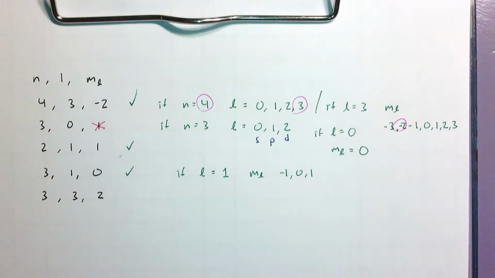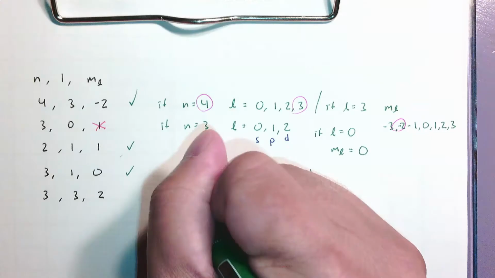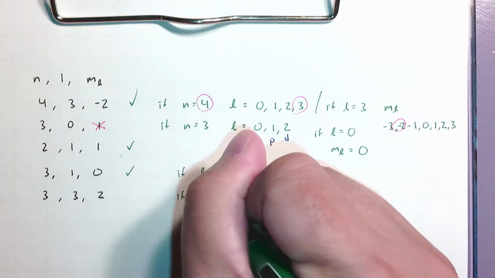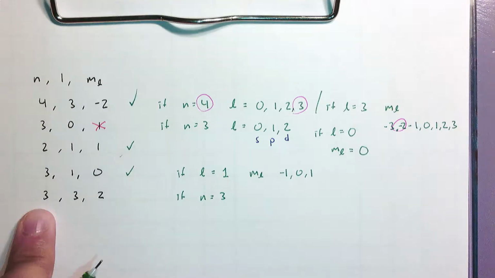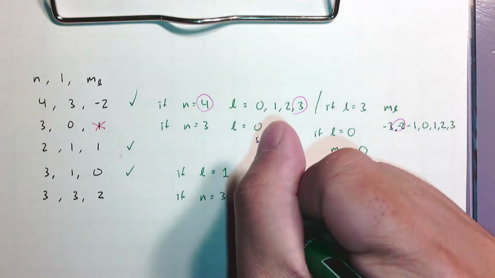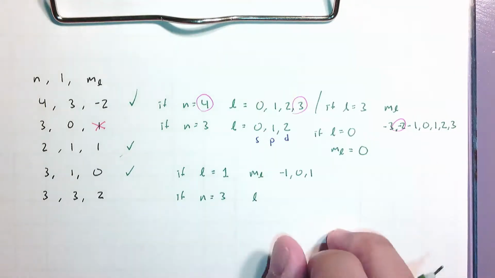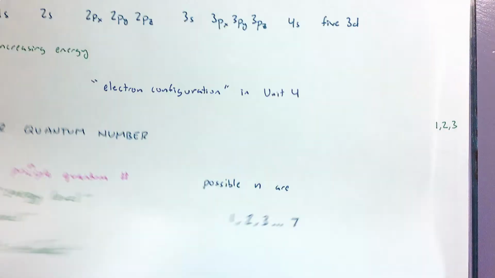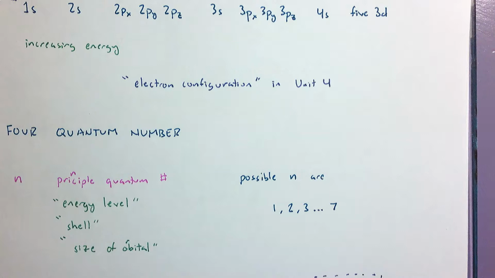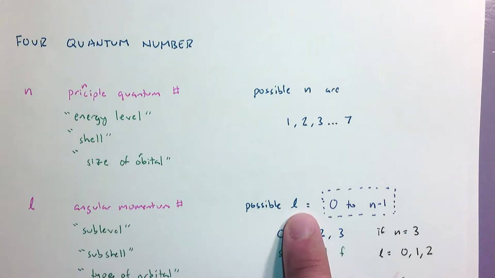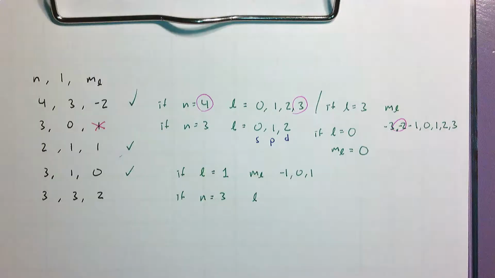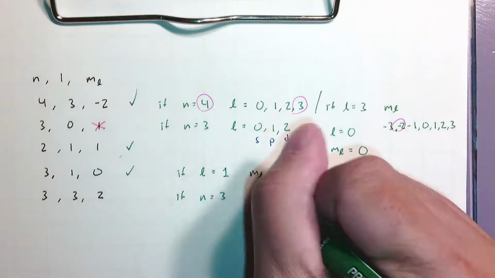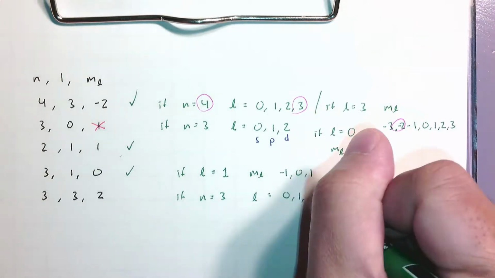The last one, if n equals 3, which is this 3 I'm talking about, what are the possible L's? It goes from 0 to, again, 1, or sorry, n minus 1. That's how you figure out the possible L's. Start at 0. So the possible L's are 0, 1, and 2.